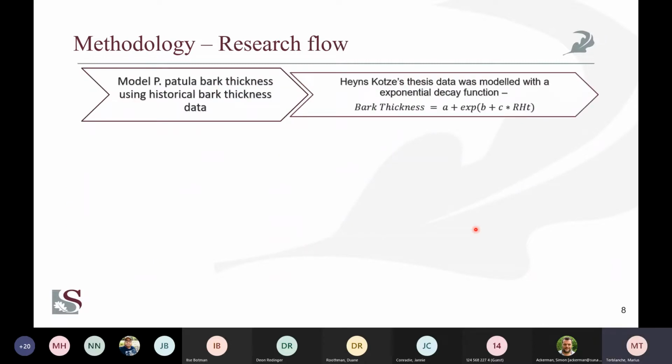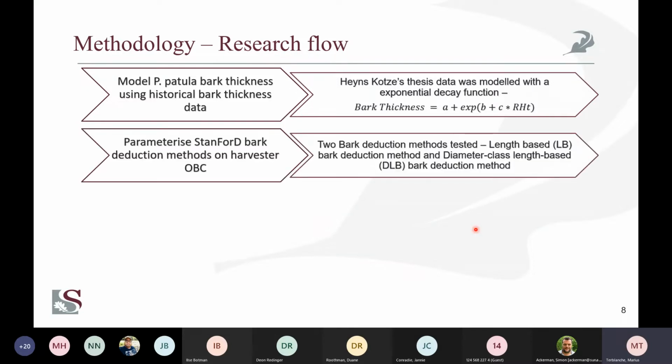So it all started with needing to get bark thickness data. We used data that was collected during Hans Kortz's master's thesis at Stellenbosch. We used that and modeled the data we got from that to get the inputs for the machine.